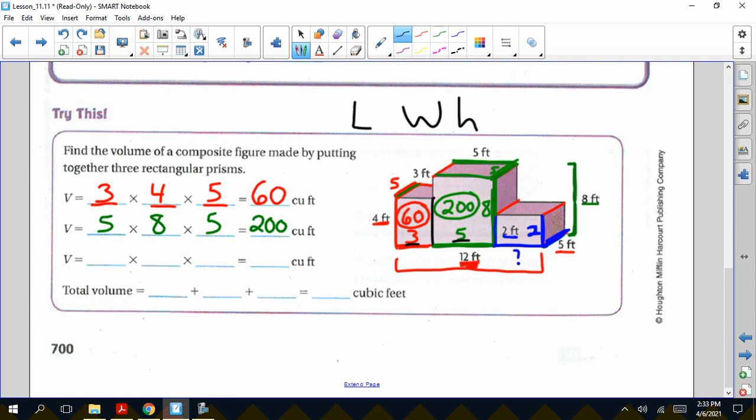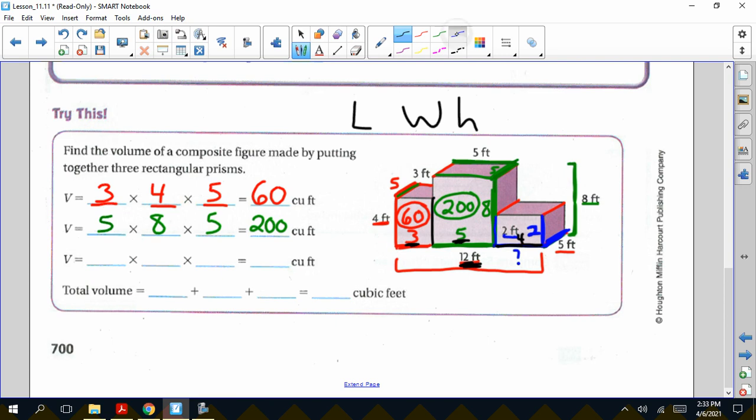So this side here has to be 4 feet. 3 plus 5 is 8, plus 4 gives us our 12 feet. So you have to use maybe some subtraction, and we could have gone 12 minus these two, 8, and get 4 feet left. So this side is 4 feet.